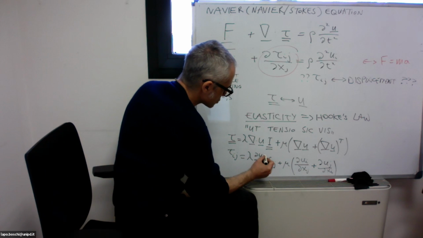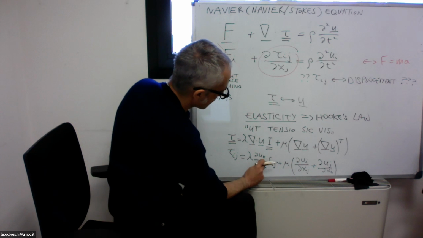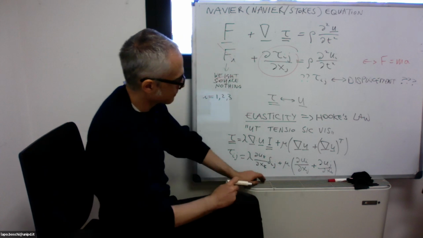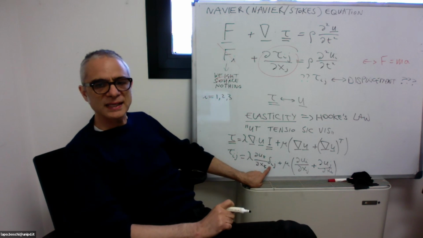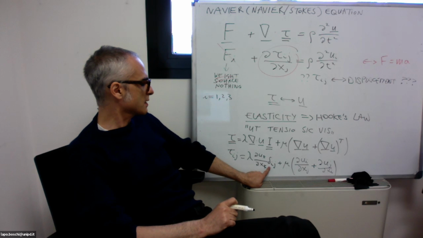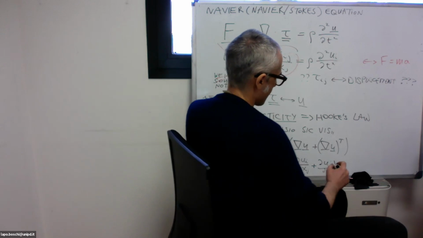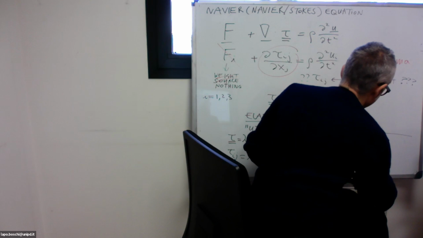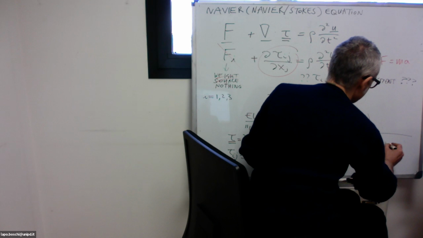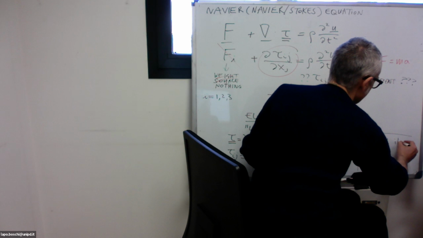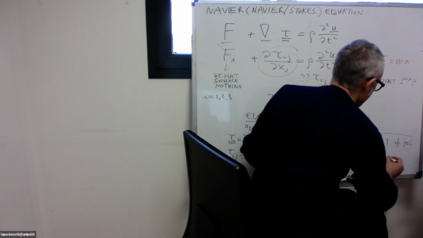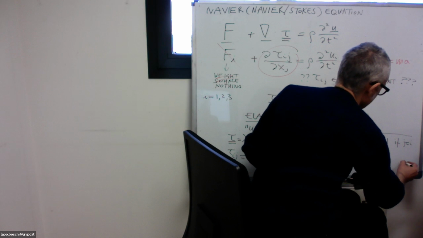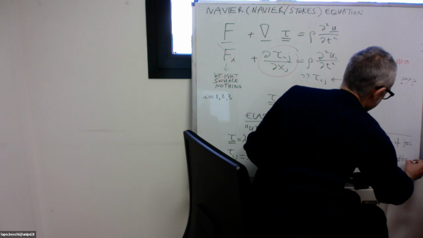So divergence of the displacement multiplied by this symbol delta ij, which is called Kronecker's symbol. It means basically that delta ij is equal to 1 if i equals j and is equal to 0 otherwise.